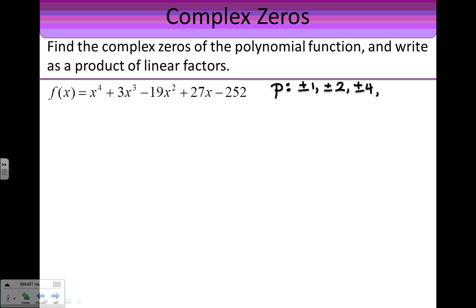Okay. I will go ahead and tell you that 4 is going to be a 0 of this. So we're going to put 4 into a synthetic division.